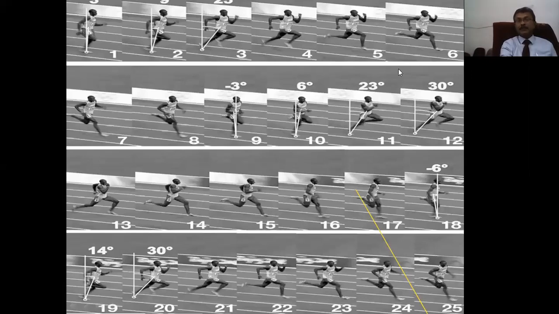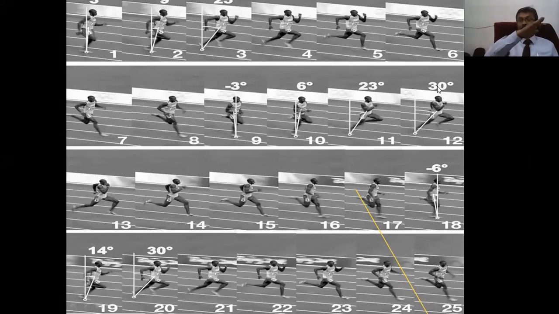This is an example, the Usain Bolt, as I told you earlier, how he has done, and this is the research paper. So you can see initially it is 3 degree, then the degrees increased, then lastly when it is in the 12th position, he is so tall that to increase the stride length, he has gone from the toe to the body. अगर इसमें एंगल बनाते हैं तो it is almost 30 degree.